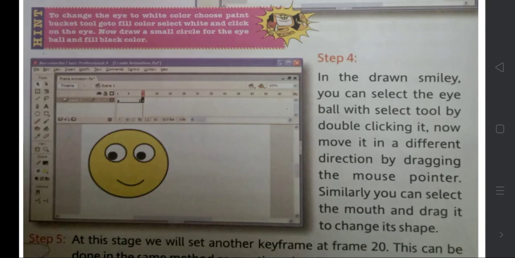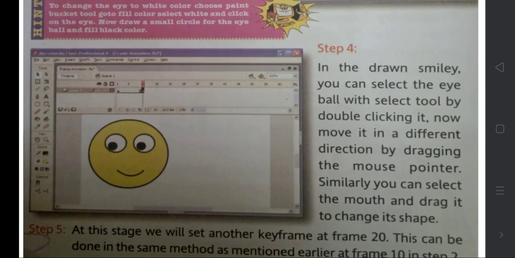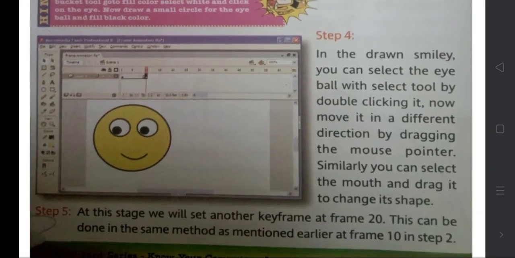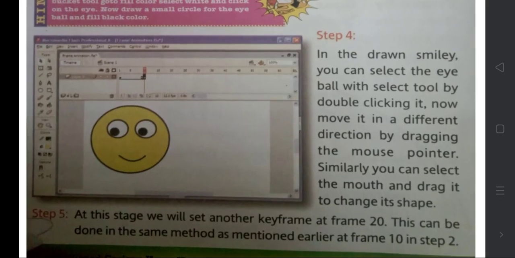What animation we are going to do here is rotate the smiley's eyes and mouth. In the drawn smiley you can select the eyeball with the selection tool by double clicking it. Now move it in a different direction by dragging the mouse pointer. Similarly, you can select the mouth and drag it to change its shape.